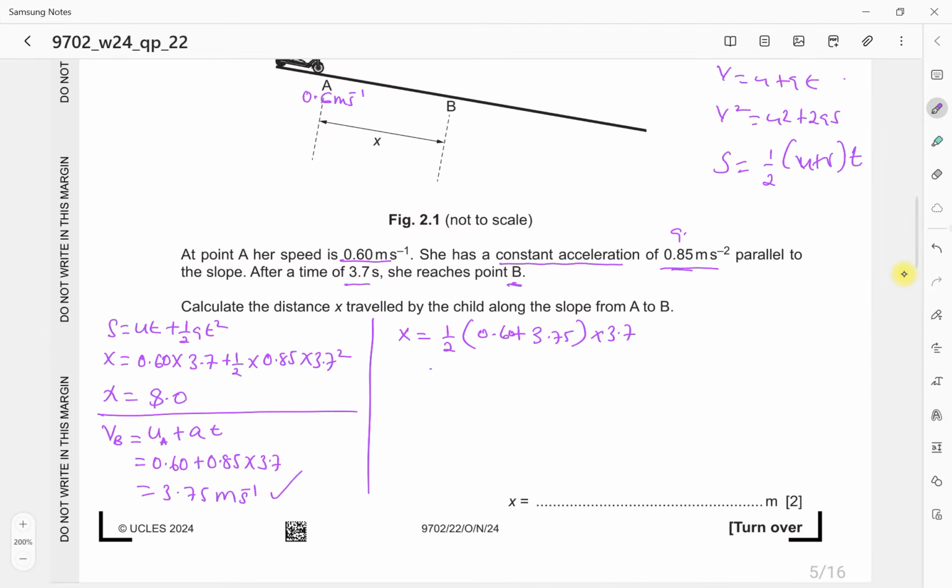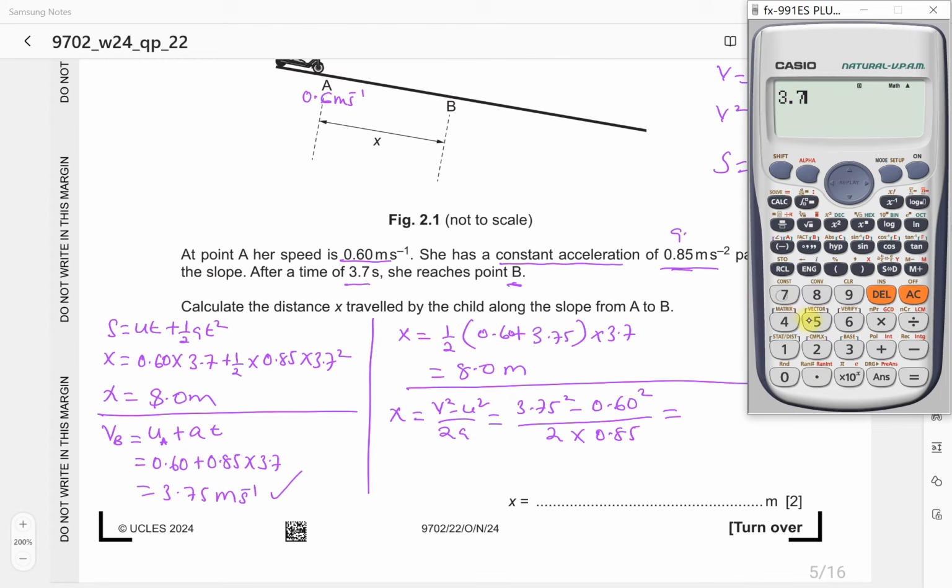The answer is still the same, 8.0 meters. I can also check method 3. I'm going to use v squared equals u squared plus 2as. Making s the subject, s is x, so x equals v squared minus u squared divided by 2a. That is 3.75 squared minus 0.60 squared divided by 2 times 0.85. Let me check this one.